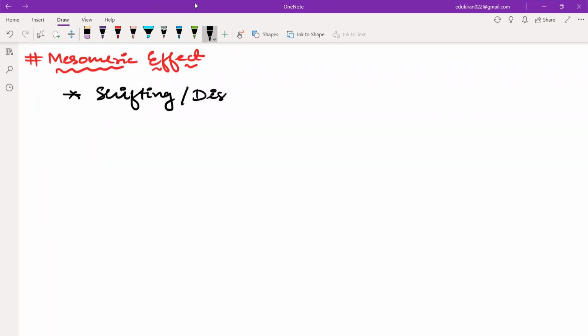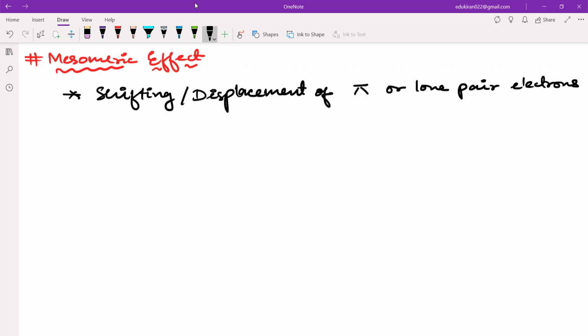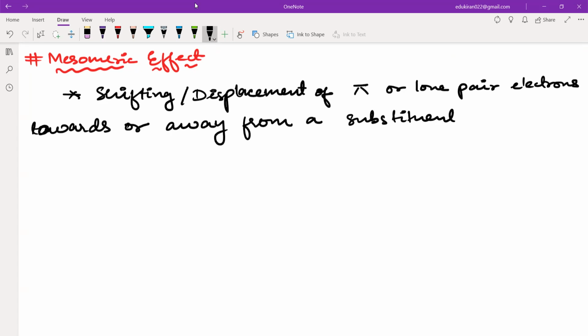It is the shifting or displacement of pi electrons, pi or lone pair electrons, towards or away from a substituent group.